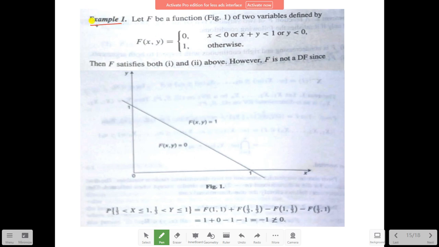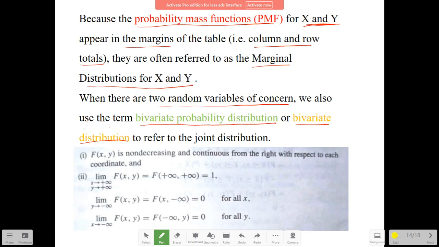Question number 1: let F be a function of two random variables defined by capital F of x, y equal to 0 when x less than 0 or x plus y is less than 1 or y less than 0, and 1 otherwise. Then F satisfies both the first and second conditions above. Our aim is to satisfy both the conditions.